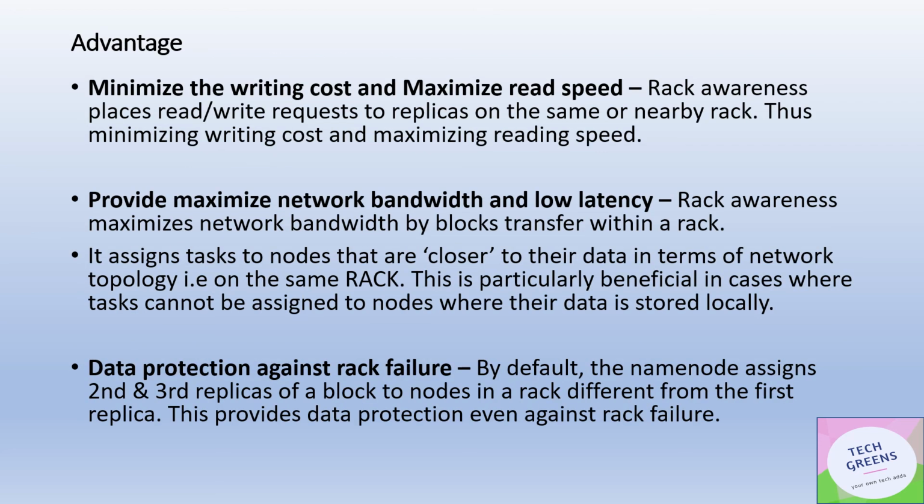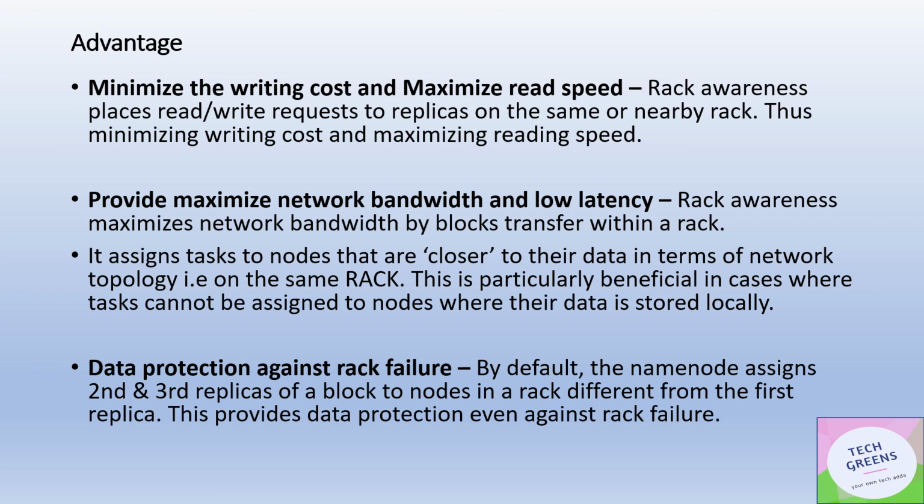What are the different advantages, right? You minimize the writing cost and maximize read speed using rack awareness, with read and write requests going to the replicas on the same or nearby racks. So the cluster is smart enough to identify which is the closest rack, as the information is stored with the name node in terms of rack IDs.